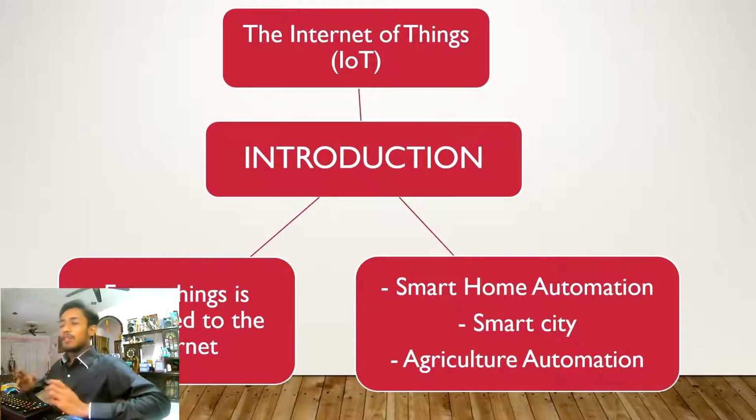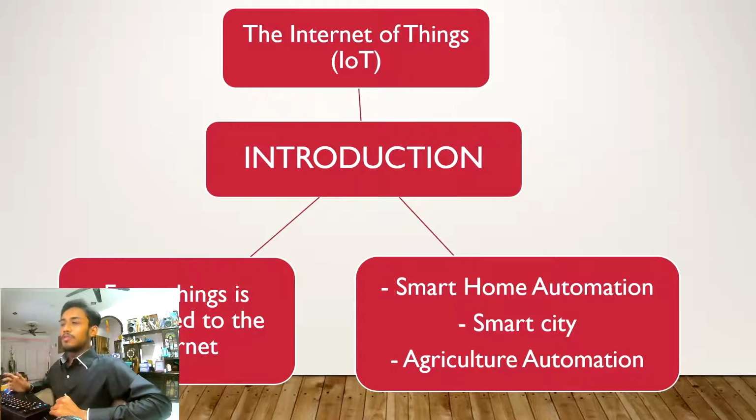An example application of Internet of Things is smart home automation, where your lamp, fan, or refrigerator that is connected to the internet can be turned on and off by the smartphone itself. Next is the implementation in smart city and agriculture automation, such as nowadays people are using drones to monitor larger scale crops.